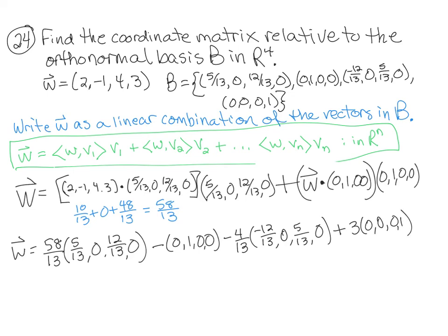Now, the directions didn't say find the vector, it said find the coordinate matrix. And what that means is these numbers multiplying the basis vectors, the coefficients of the original vector. Because W is our basis times the coordinate matrix.